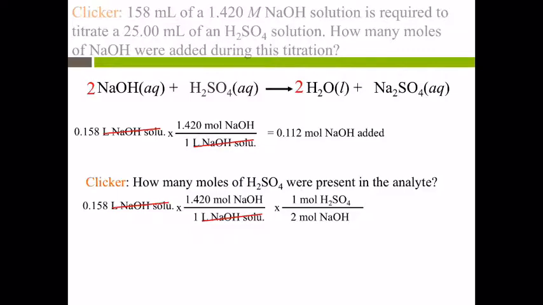Let's say that in a clear sentence again. By adding 0.158 liters of sodium hydroxide solution, we are now determining the number of moles of sulfuric acid that were present, because we know that 2 moles of sodium hydroxide react with 1 mole of sulfuric acid. So this tells us that in this solution, we need to do some math.